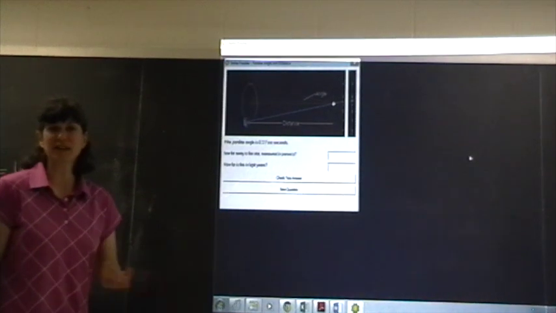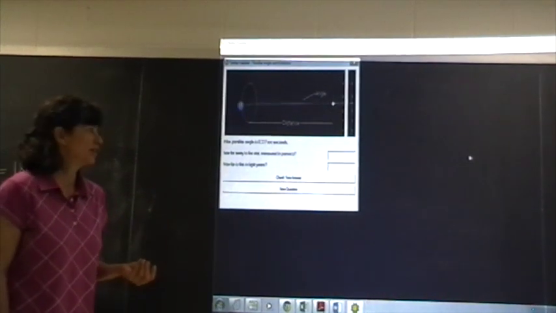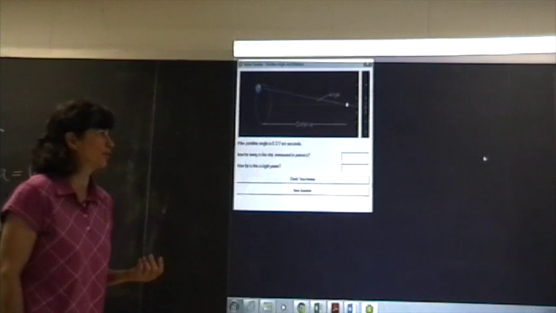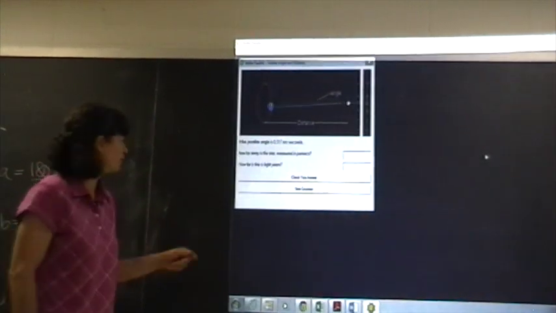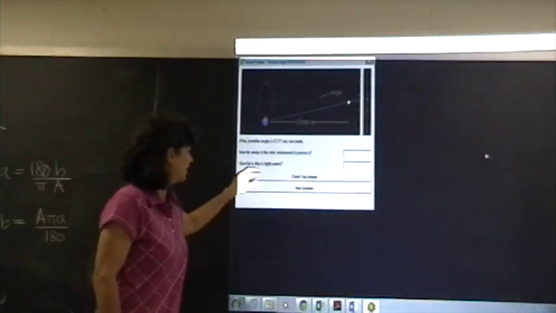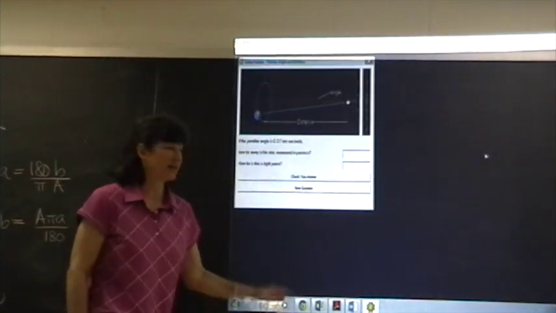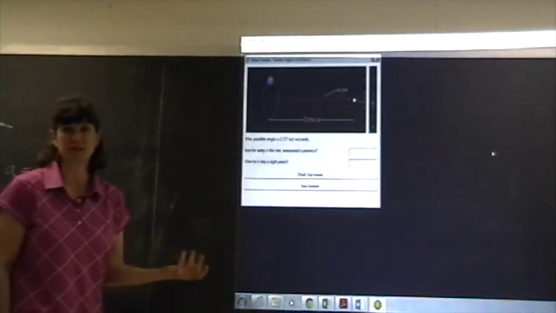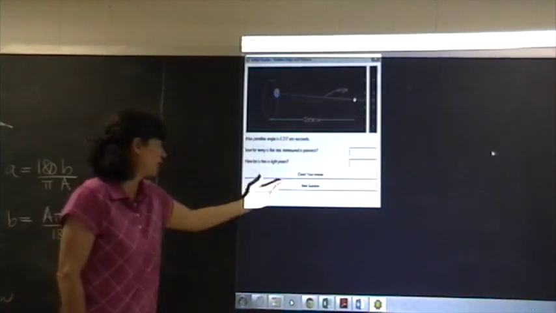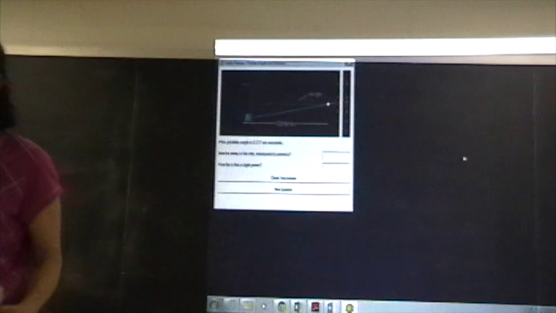If you're given the parallax angle in arc seconds, the calculation that we showed you before is just you take 1 over that value, and that will give you the distance in parsecs, and then you need to multiply that distance in parsecs by 3.26 to get the distance in light years. Check your answer, move on to a new question.